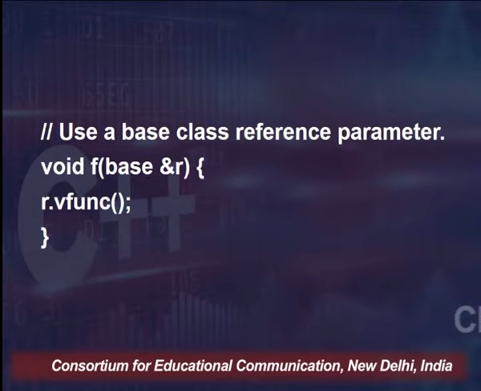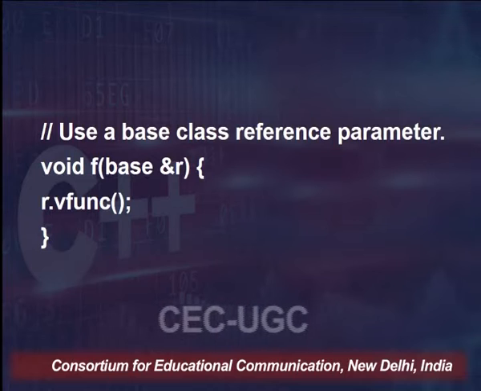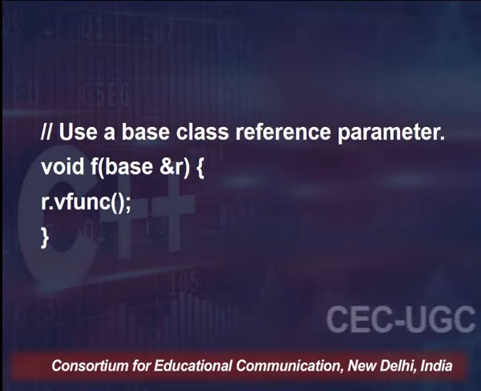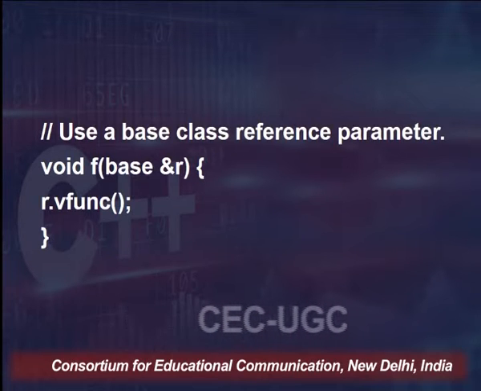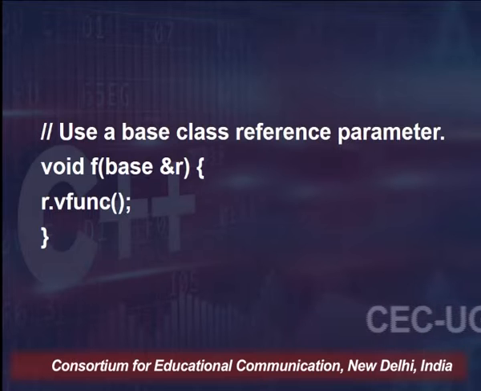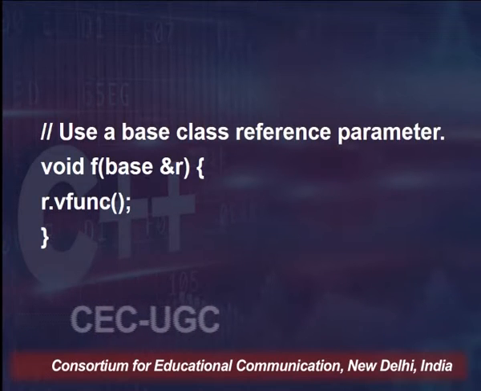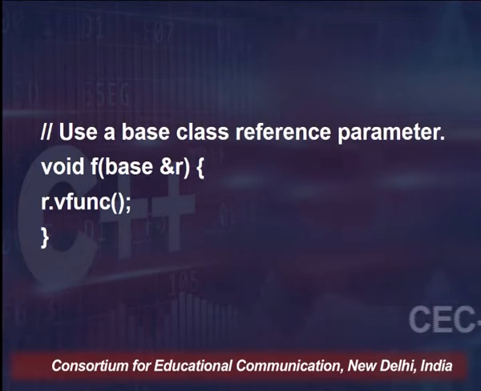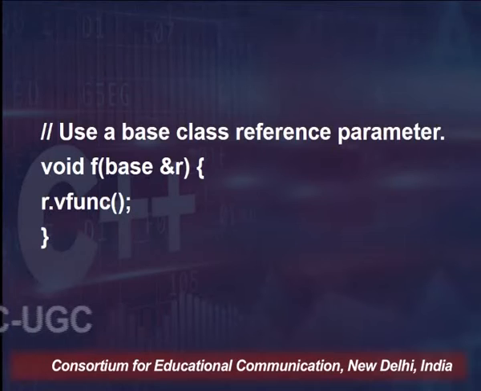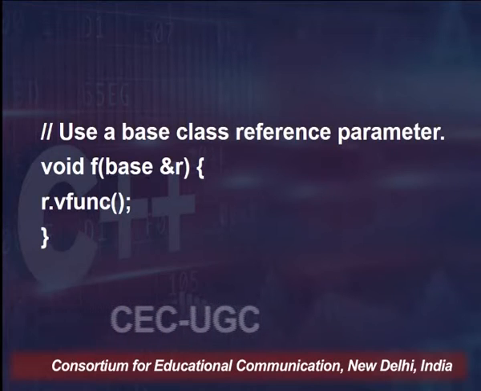Please notice the use of the dot operator here. We have not written r arrow vfunc, we have written r dot vfunc, because r is not a pointer. The arrow operator we use whenever we are talking about pointers. Here r is a reference to the base class, so when we are using references, the functions are accessed through the dot operator.